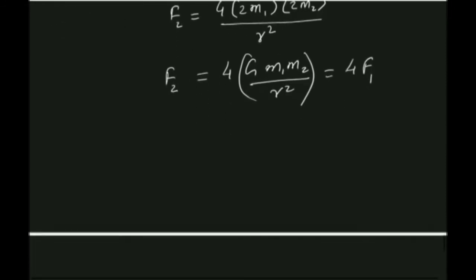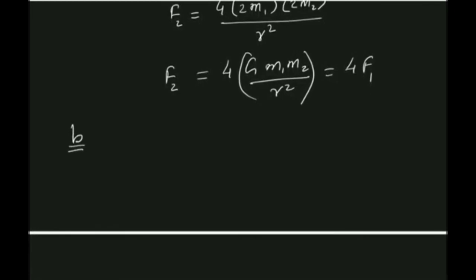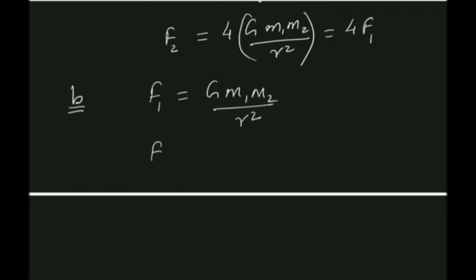Now come to B part. What is the B part there? What will be the new gravitational force of attraction if the distance between the bodies becomes 1/3? So this time the distance is changing. So F1 equals G m1 m2 upon r square. Now F2 equals, masses are the same this time, but the distance has become 1/3.